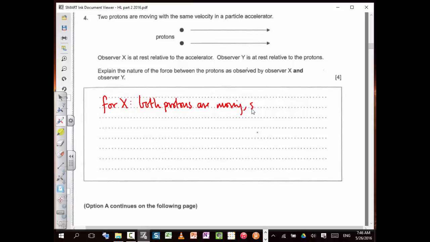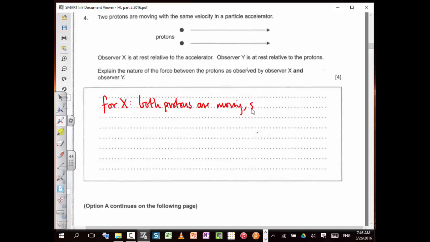So if they're both moving, each one will be producing a magnetic field around them, because they are like a current, and that means that the other one will be moving through the other proton's magnetic field, which means it will experience a magnetic force.